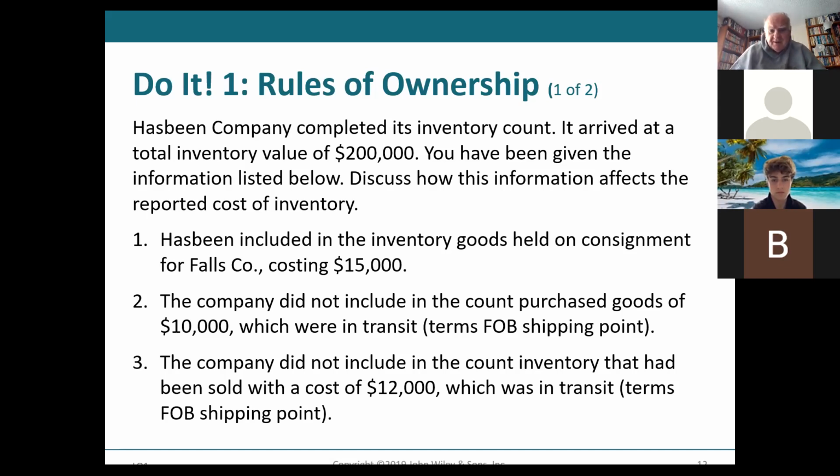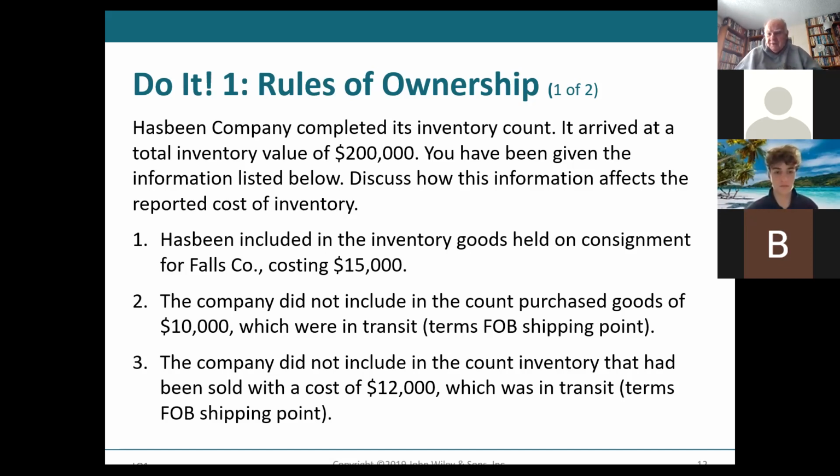The company did not include in the count purchased goods of $10,000, which were in transit, FOB shipping point. Now there they should have counted it, because the goods were shipped to them FOB shipping point, so we own the goods immediately. And third, the company did not include in the count inventory sold for the cost of $12,000, FOB shipping point.